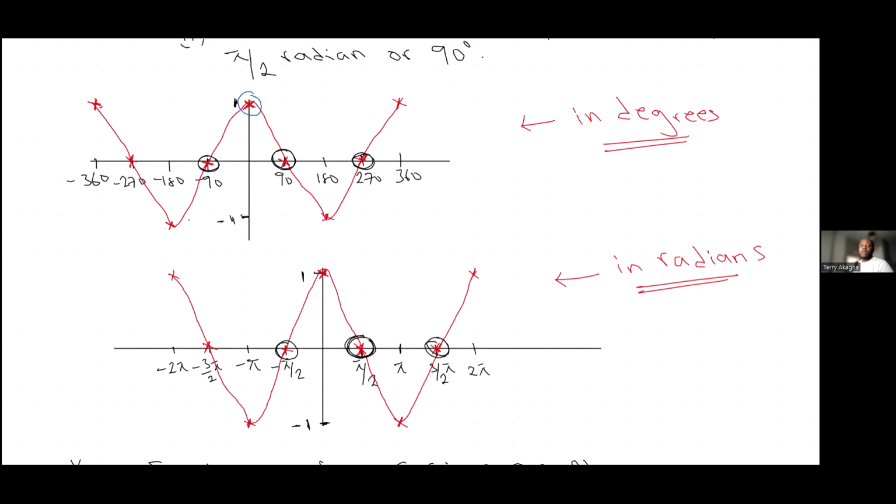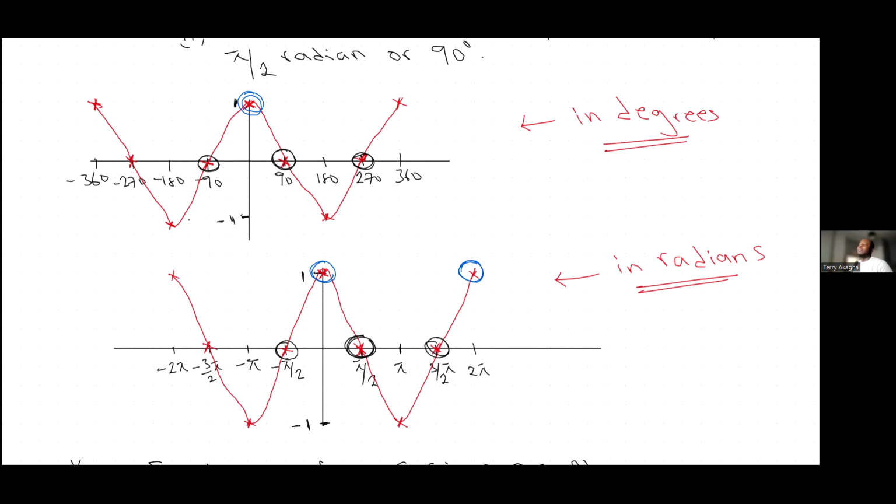If you look at the graph we have here, the maximum value is at 0. Then you keep on adding 360 or 2 pi to get the next maximum value. So 0 plus 2 pi gives the next maximum at 2 pi, and the next one is at 4 pi and the rest.